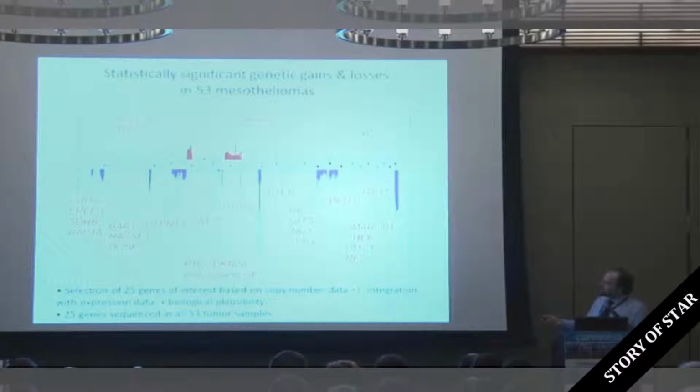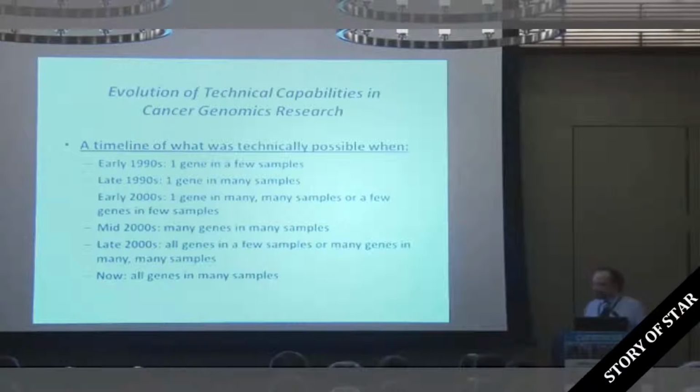But it's possible that some of the other genes that are not frequently altered in their copy numbers might also be significant in mesothelioma. We don't know. But I think now we have the opportunity to sequence every gene in every mesothelioma tumor to understand if there are any other genes that contribute to mesothelioma development.